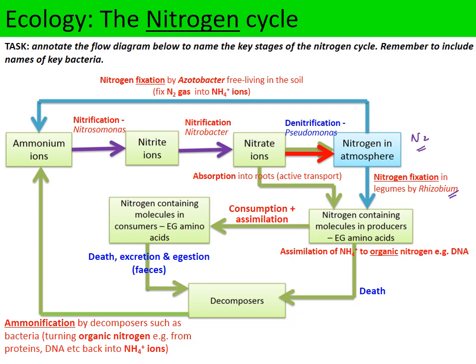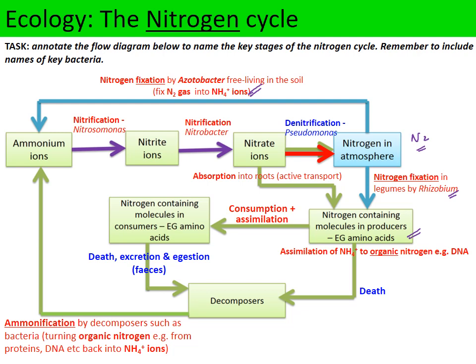We know Azotobacter can also fix nitrogen, and that's a free living bacterium in the soil, so that releases ammonium ions into the soil. We know rhizobia do release some of the ammonia, and that gets used by the legume plant to make organic nitrogen, like we just mentioned.